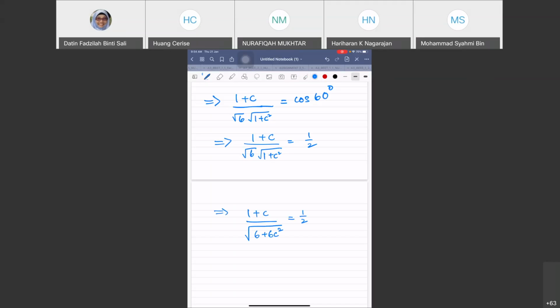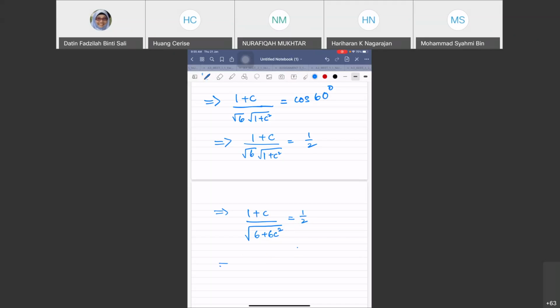This is half, so you just cross multiply. If you want to avoid having this fraction, you can just multiply these two to this side, so that you don't have to carry along that half.